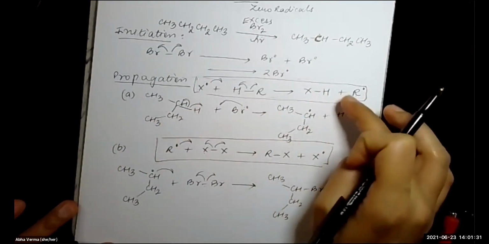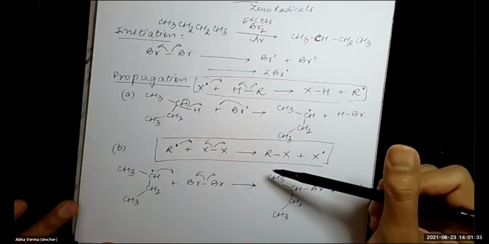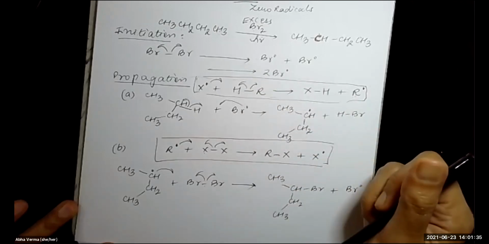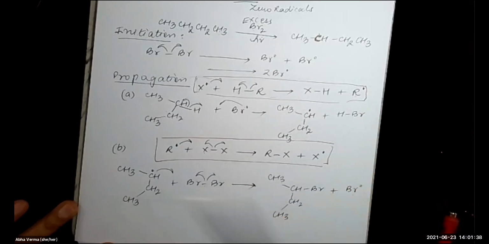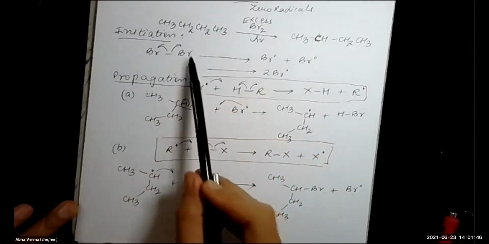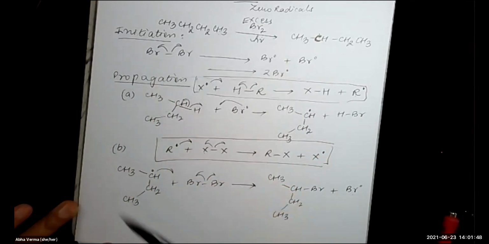So these are the two major propagation steps that we use for this mechanism. There might be other propagations going on, but these are the useful propagations that we need to see. This is the useful initiation that we need to see.